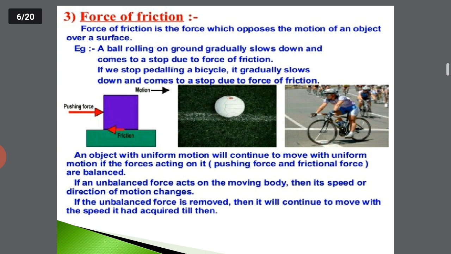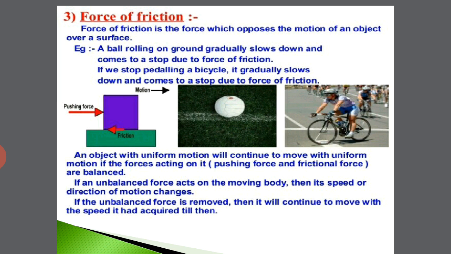Let's discuss something more. Force of friction. You have also studied the concept of friction in class 8th. Force of friction is the force which opposes the motion of an object over a surface. A ball rolling on the ground gradually slows down and comes to a stop due to the force of friction. If we stop pedaling a bicycle, it gradually slows down and comes to a stop due to the force of friction.